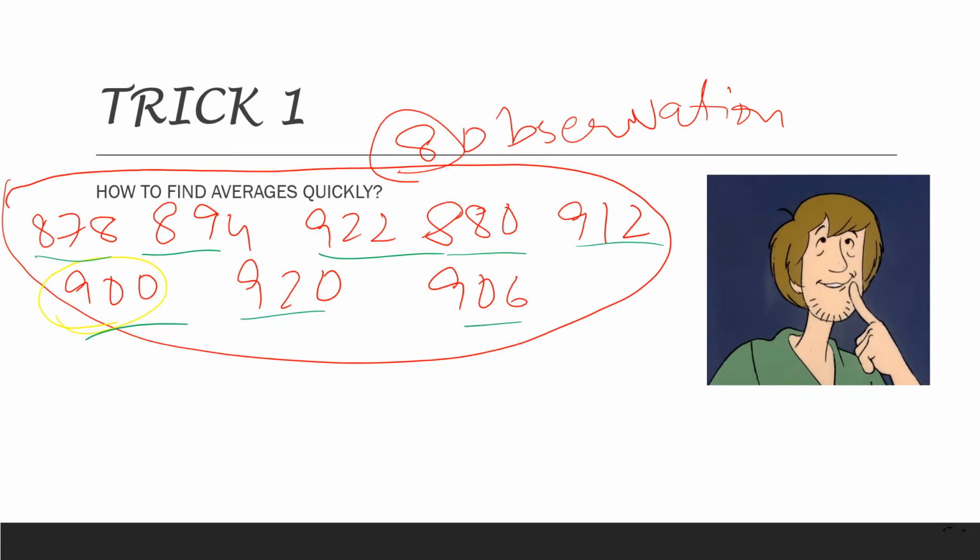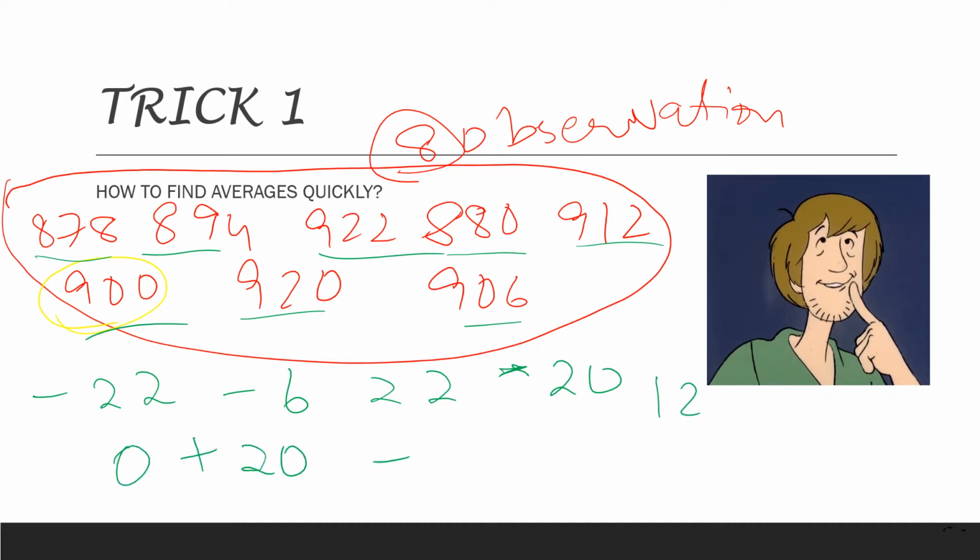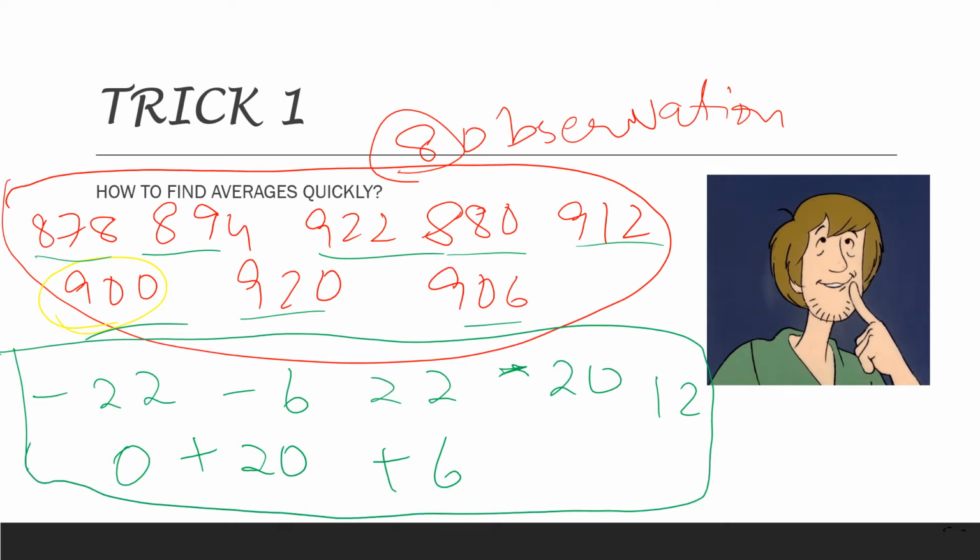All the numbers, including 900, subtract them. When you subtract, you get the answers as minus 22, minus 6, 22, minus 20, 12, 0 and plus 20 and plus 6. Now when you add up all these 8 observations after subtracting 900, you get the answer as 12 because there is cancellation over here.